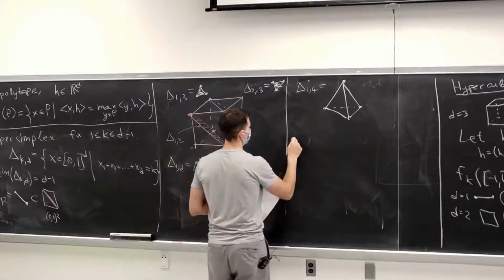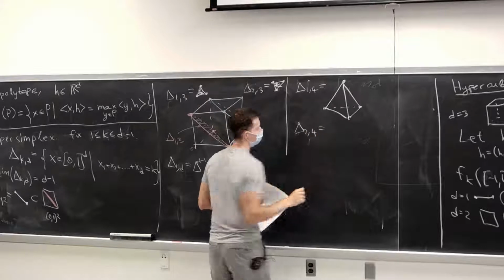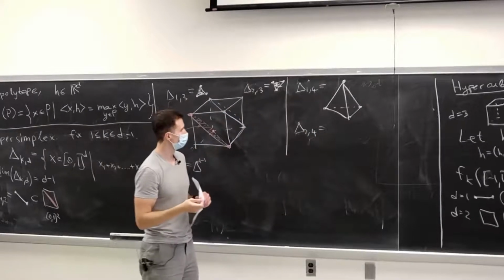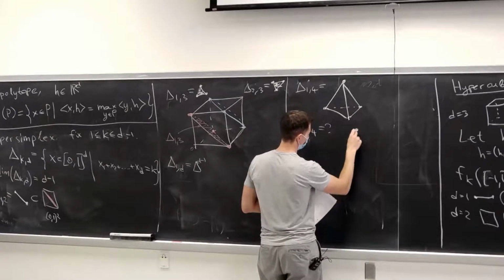Okay, and I guess what about delta 2, 4? Seems like an octahedron. Maybe try to draw an octahedron.